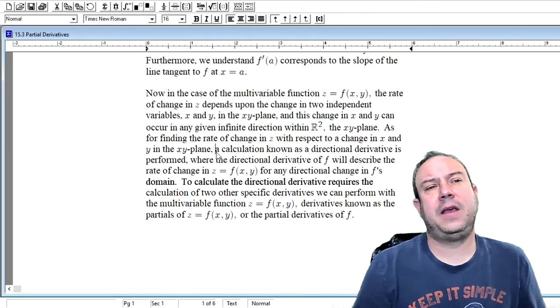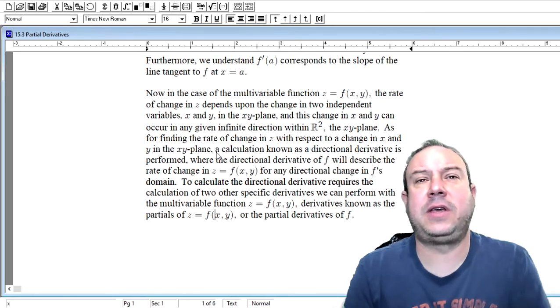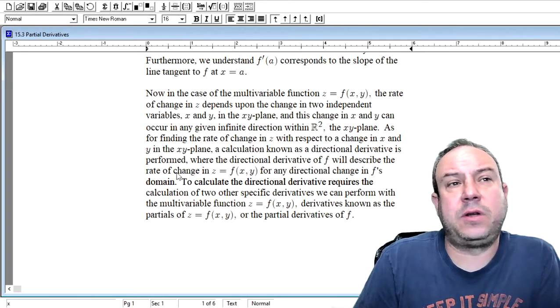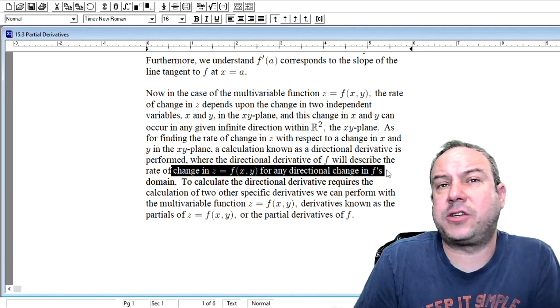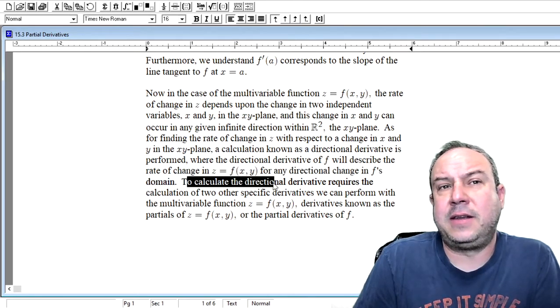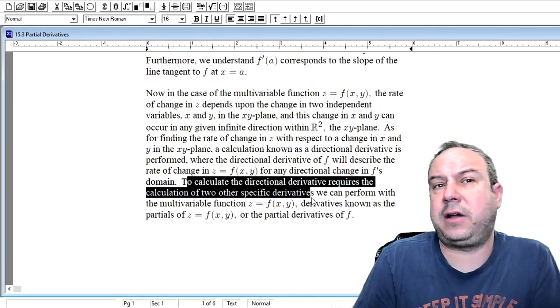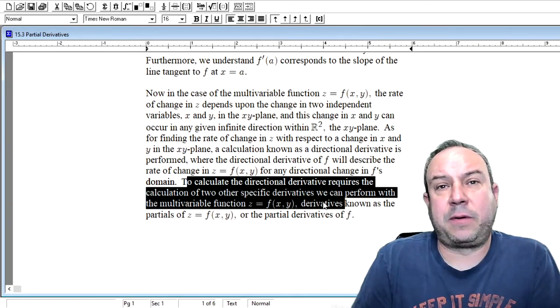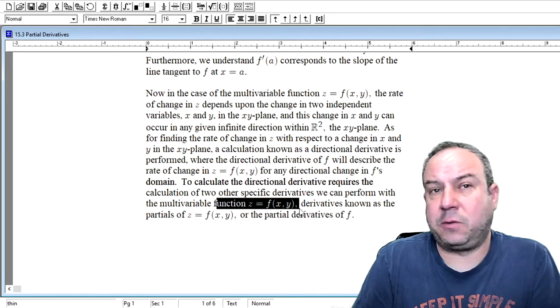So I do make note of that in the following here. The directional derivative of f will describe the rate of change in z in any directional change in f's domain. To calculate the directional derivative requires the calculation of two other specific derivatives we can perform with the multivariable function z equal to f of x comma y.